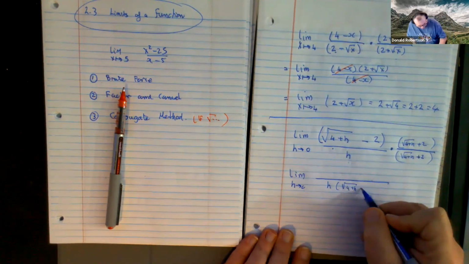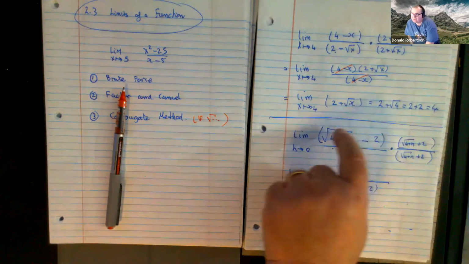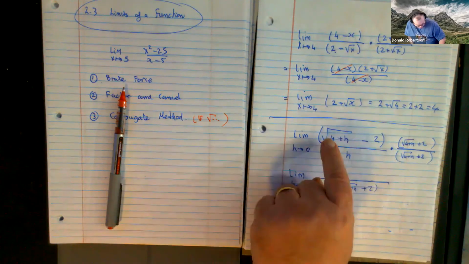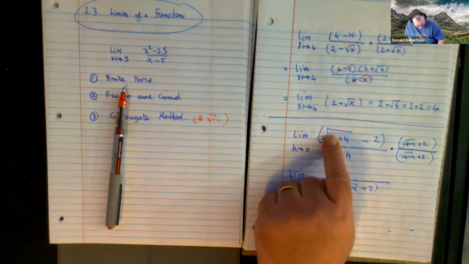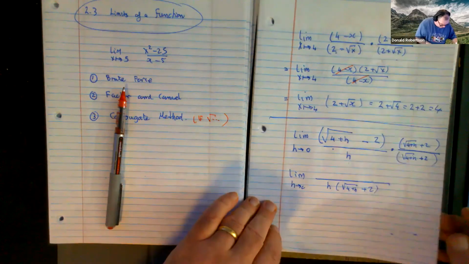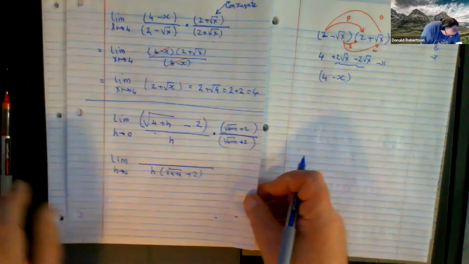But won't I FOIL the top? And if you do the square root of 4 plus h take away 2, multiplied by the square root of 4 plus h add 2, something really nice is going to happen. So I'm going to do it over here.